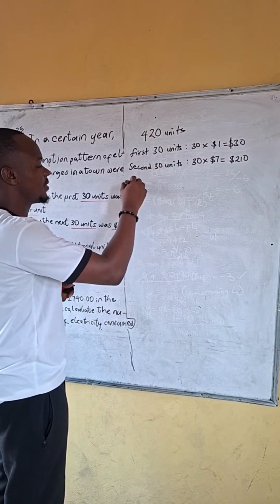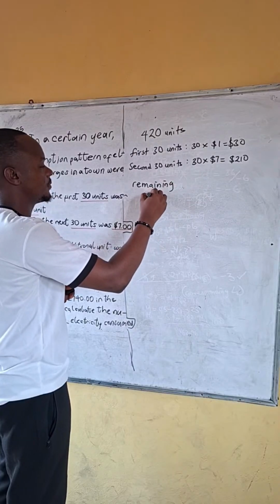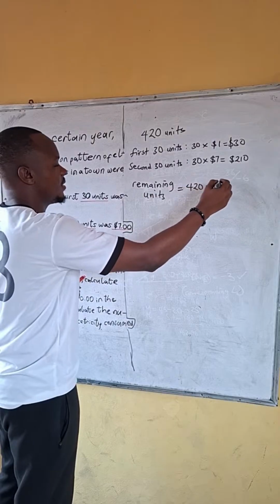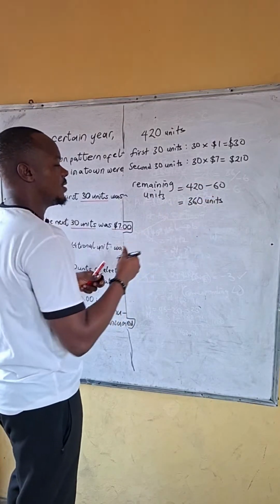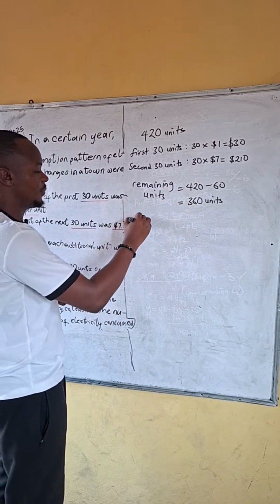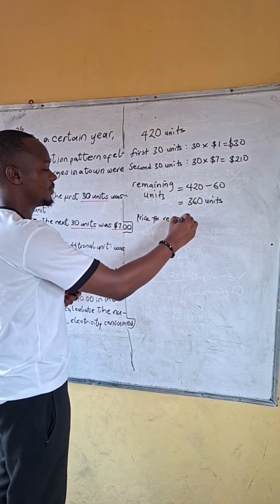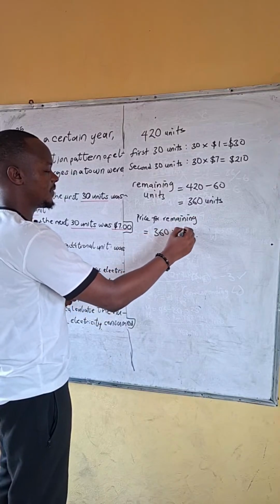So the remaining units is 420 minus 60. That'll give us 360 units. So these 360 units will be charged at $5 per unit. So the price for the remaining will be 360 times $5.